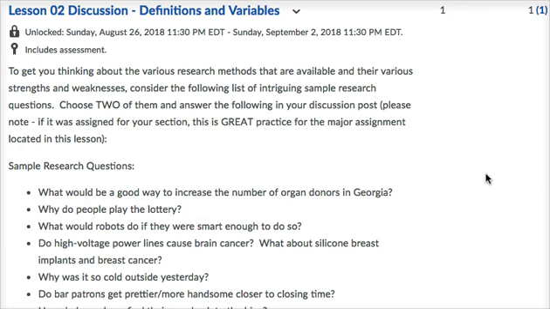Here, it asks you to think about various strengths and weaknesses, and to consider a list of intriguing sample research questions. Please choose two of them and answer the following in your discussion post.